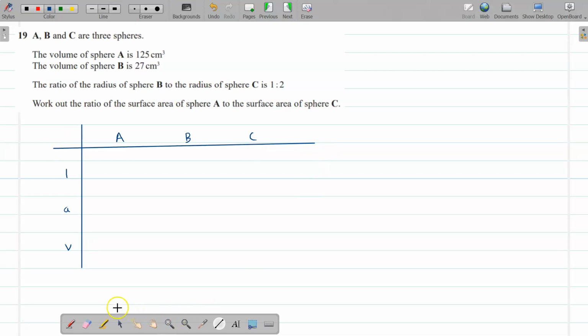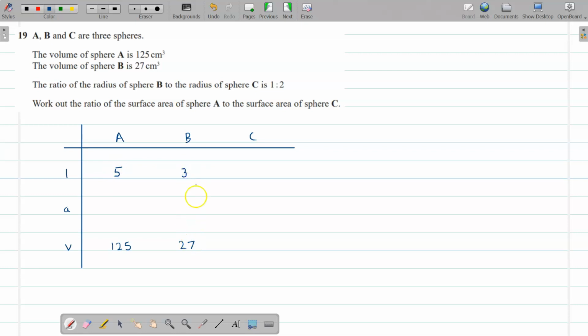So if I just take sphere A, we have its volume, and we also have that for B. So let's put that in first. The volume of A was 125 and the volume of B was 27. Now I'm going to cube root that to give me the ratio of the lengths.